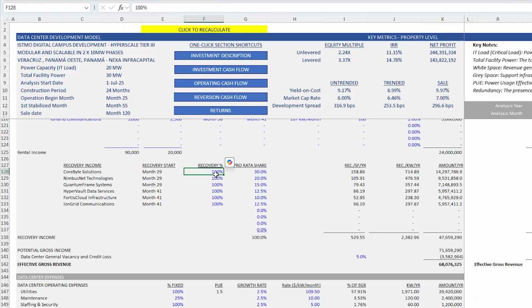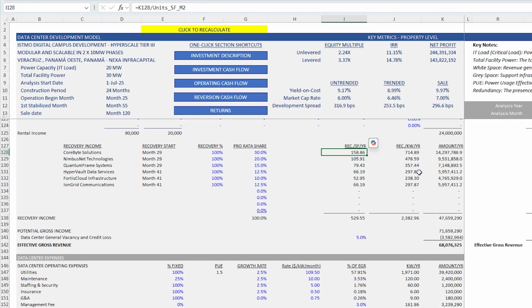So what percentage of the operating expenses, or the pro rata share of the operating expenses, does each tenant recover or reimburse the landlord for? And by default, it's set to just a triple net lease, where the tenants are paying 100% of their proportionate share of operating expenses.